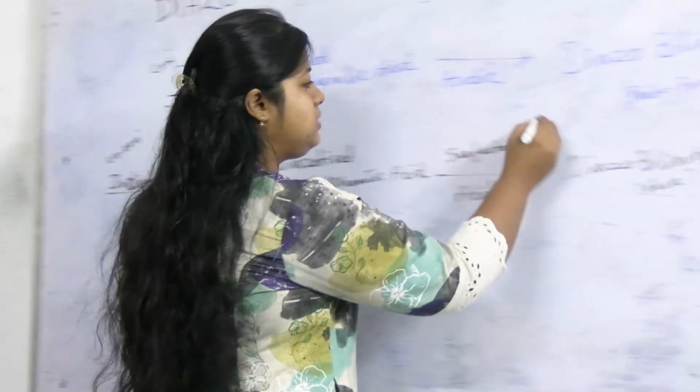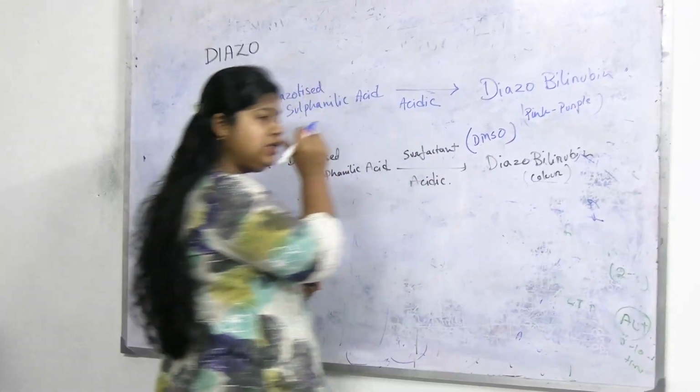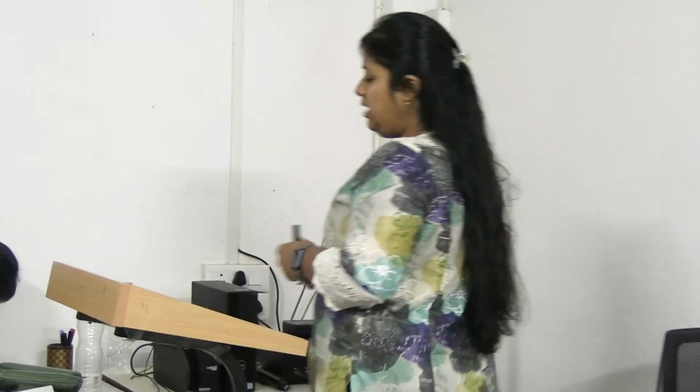An example of a surfactant, what is used mostly, is DMSO, dimethyl sulfoxide.